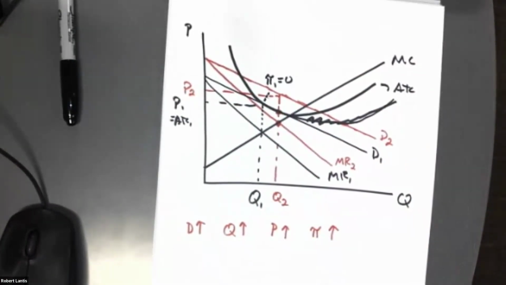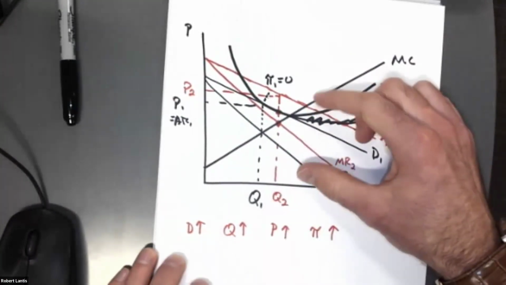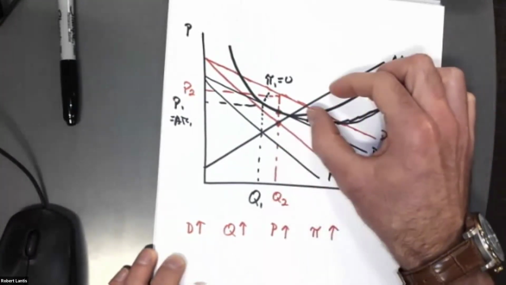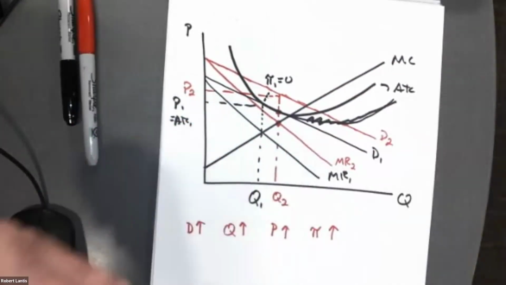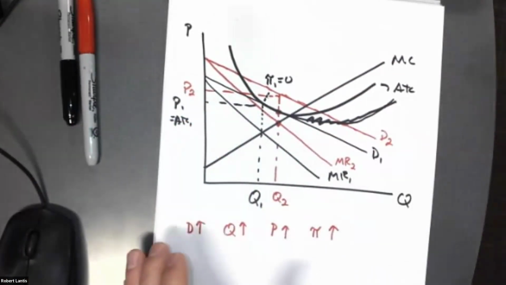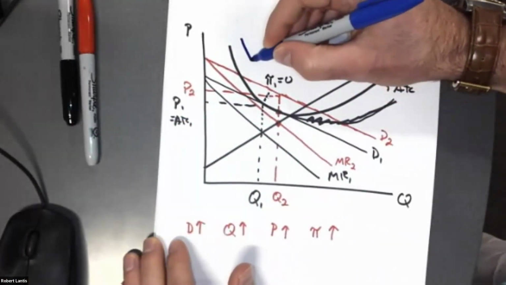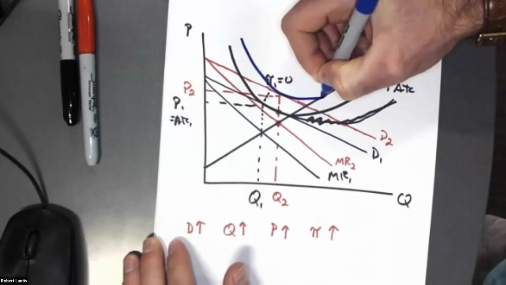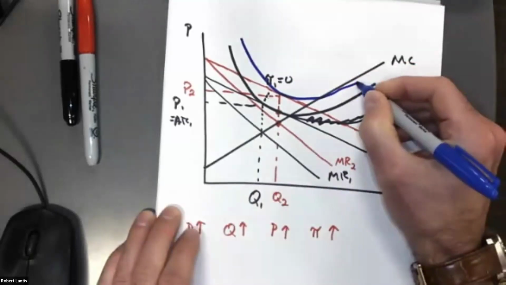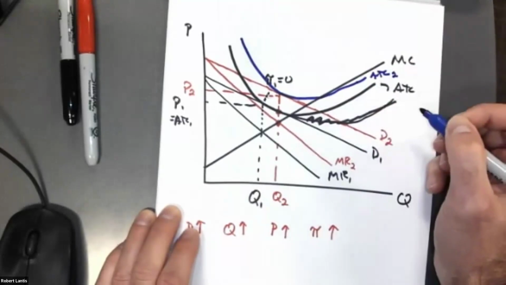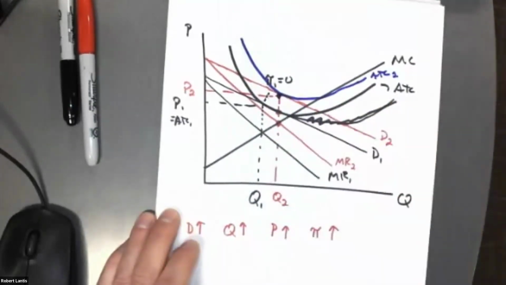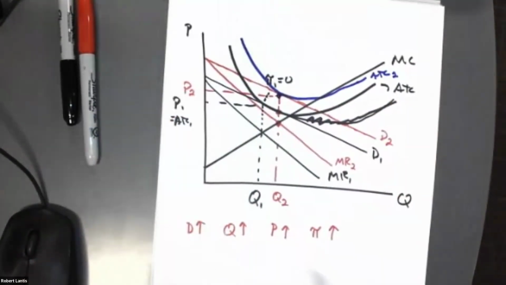Now, if in order to get that larger portion of demand I had to spend more money, what could happen? So here's my second average total cost curve. Now notice price is exactly equal to my average total cost.